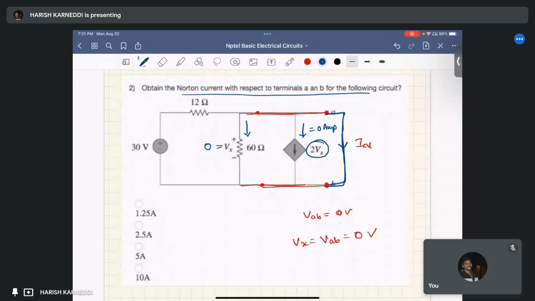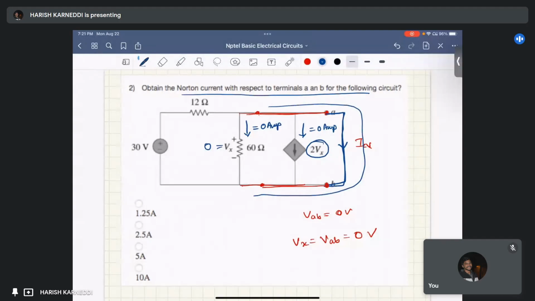So, obviously, the current flowing through this 60 ohms is 0. Why? Because the current always flows through minimum resistance path. That is, this short circuit path is that minimum resistance path.